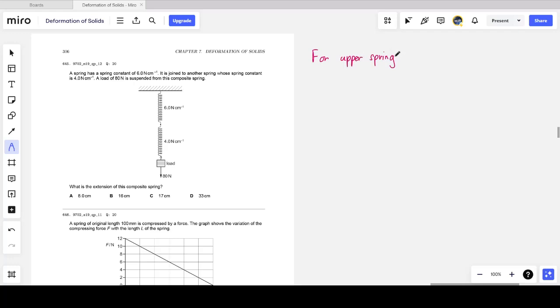For the upper spring, the force, which is simply F because the same force is applied to both springs, is equal to its spring constant or force constant K1 times its extension E1, which means its extension E1 is going to be the force divided by K1.